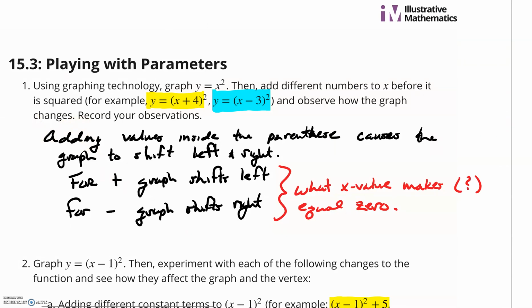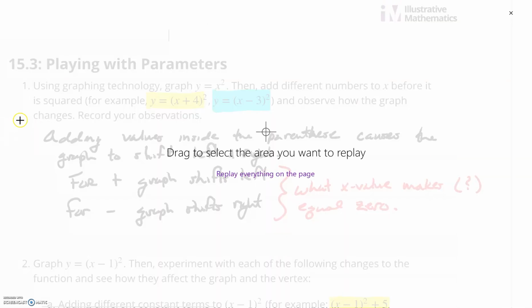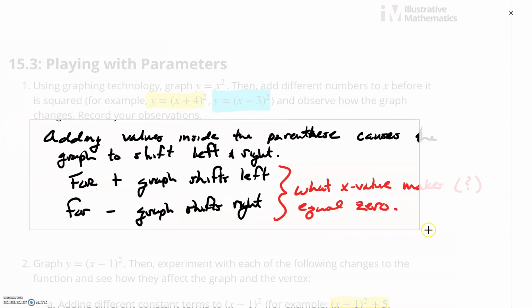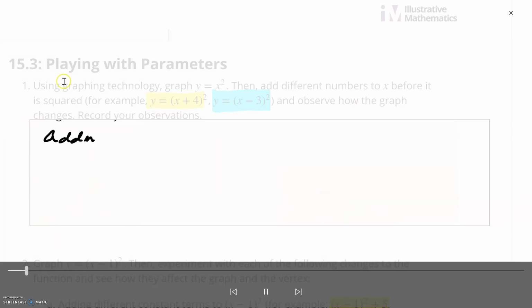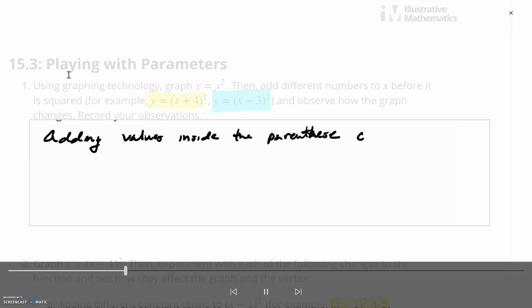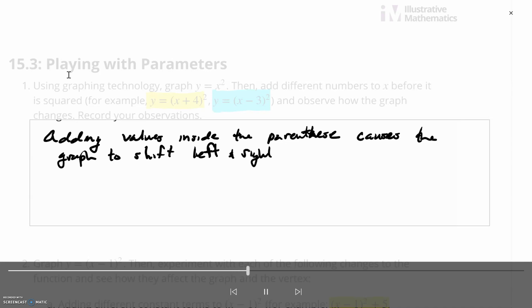And we can say that, I'm going to replay this. I had already written this out. Adding values inside the parentheses causes the graph to shift left and right.